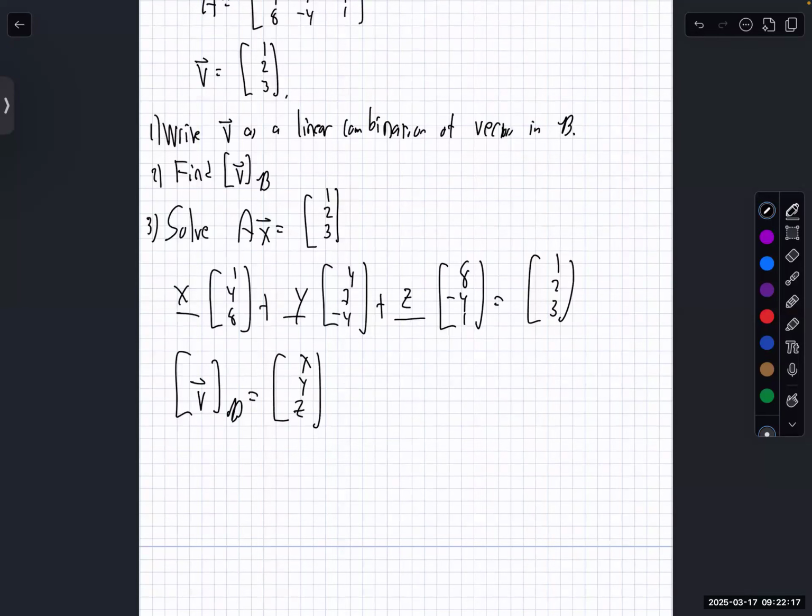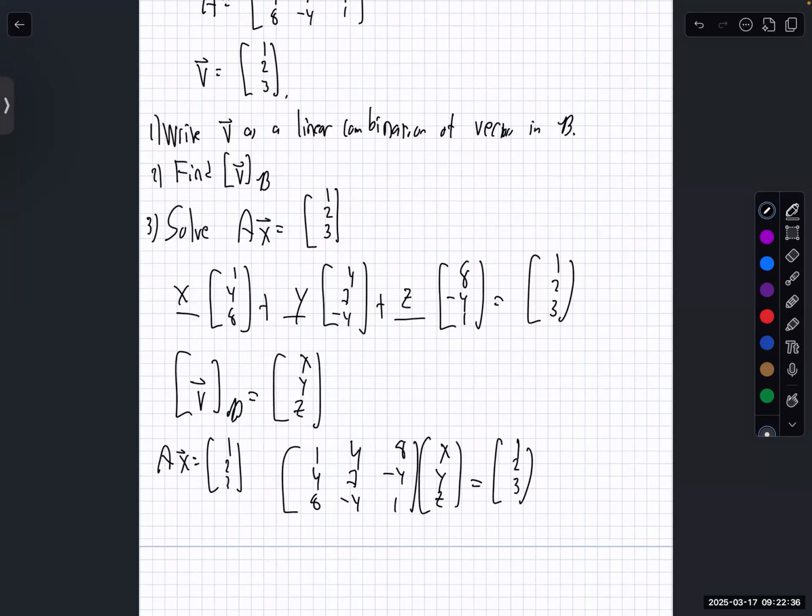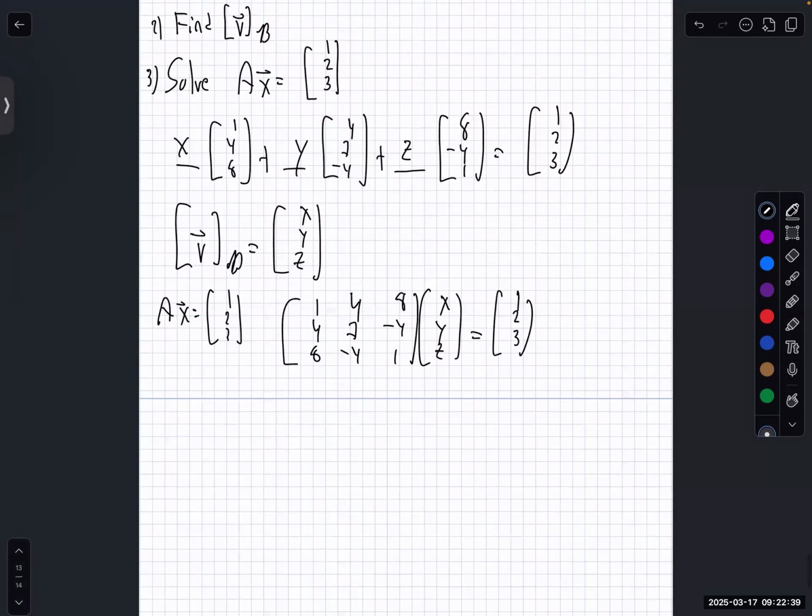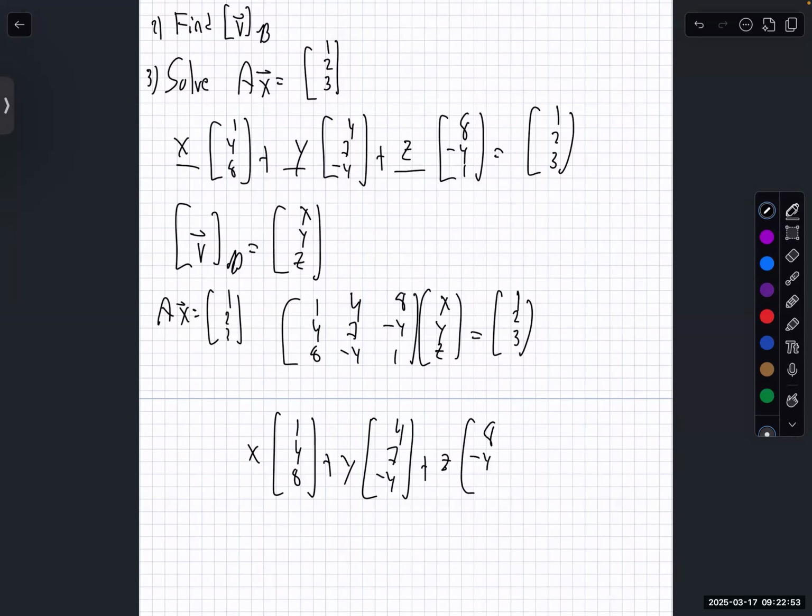And if I want to solve AX equals 1, 2, 3, so I need to find X, Y, and Z that satisfy this. And this is the same thing. It's finding the X, Y, Z there.